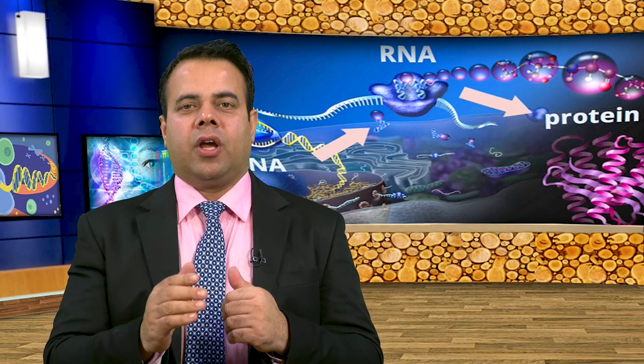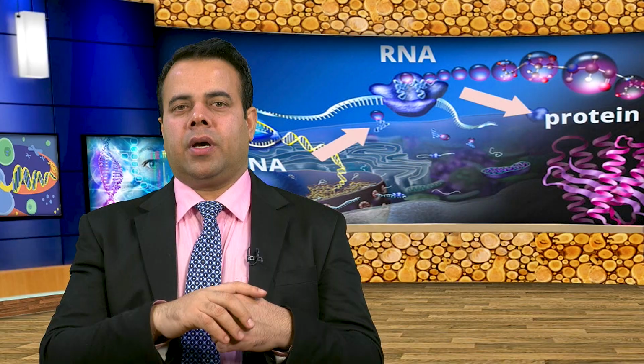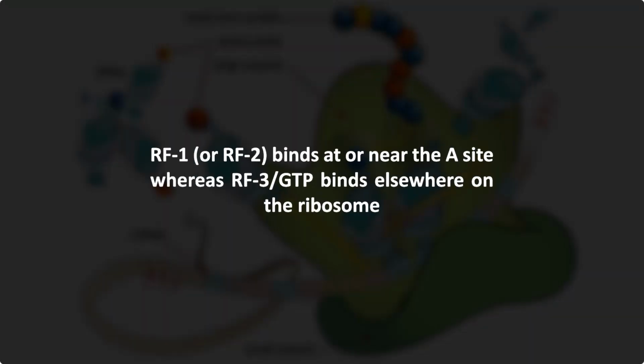Thus, either RF1 plus RF3 or RF2 plus RF3 bind depending on the exact termination codon in the A site of the ribosome. RF1 or RF2 bind at or near the A site, whereas RF3 GTP binds elsewhere on the ribosome.